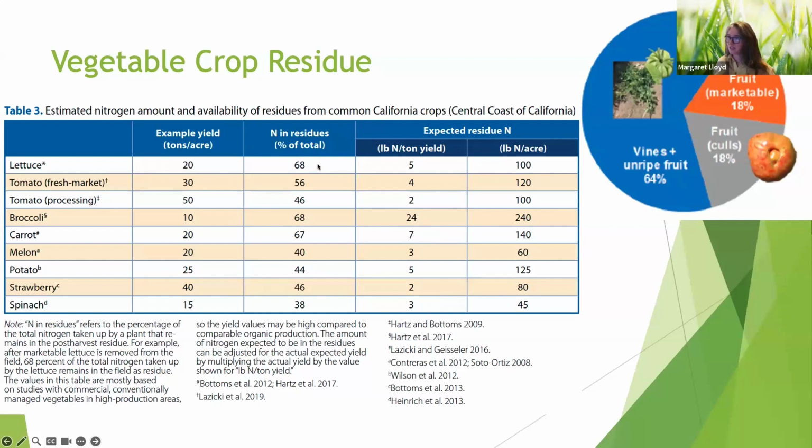But the percent nitrogen in the residue and the expected tonnage of biomass. It's always impressive to me to see broccoli here. Broccoli has a tremendous amount of nitrogen remaining in the field in the form of crop residue.